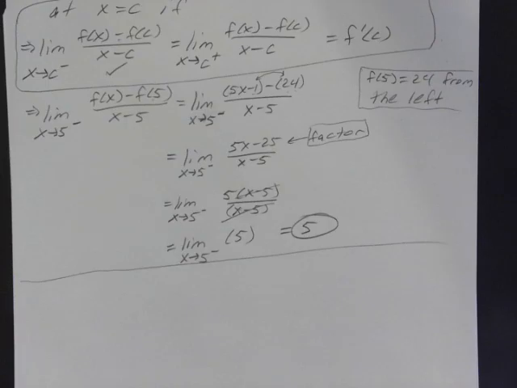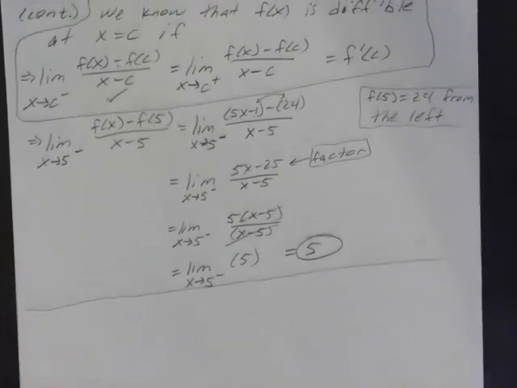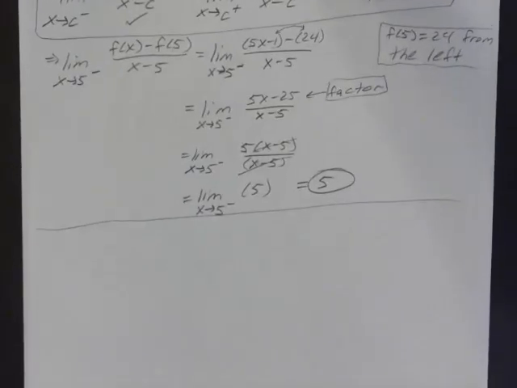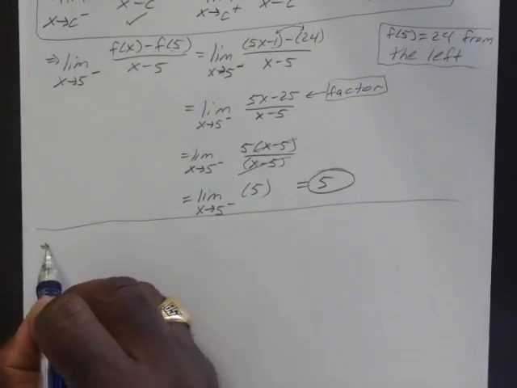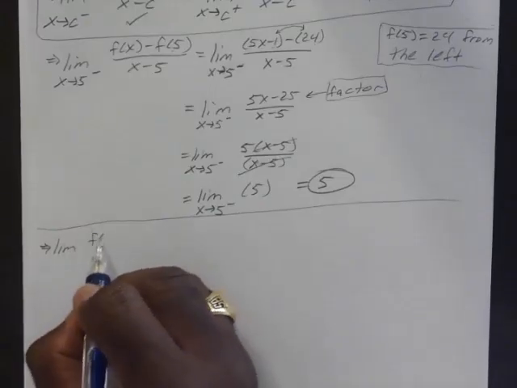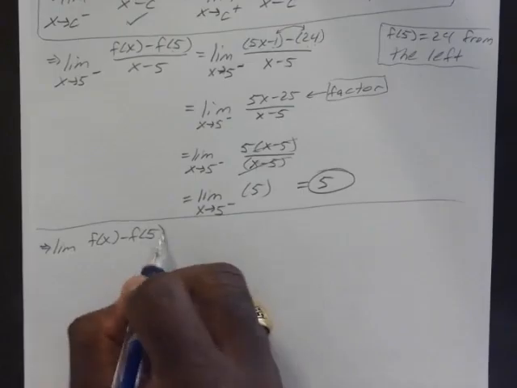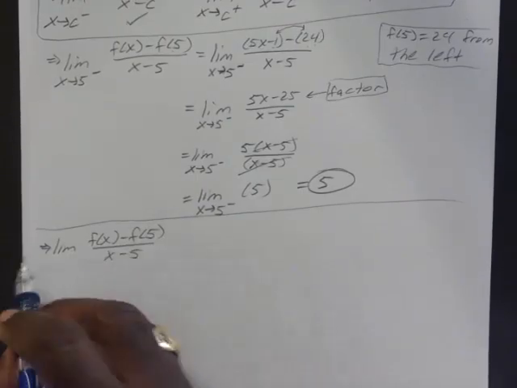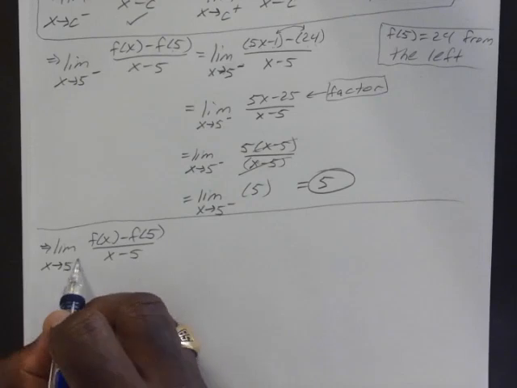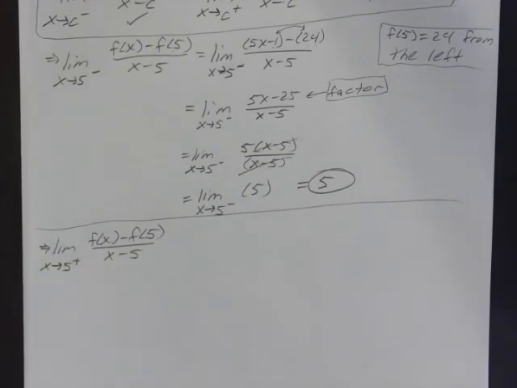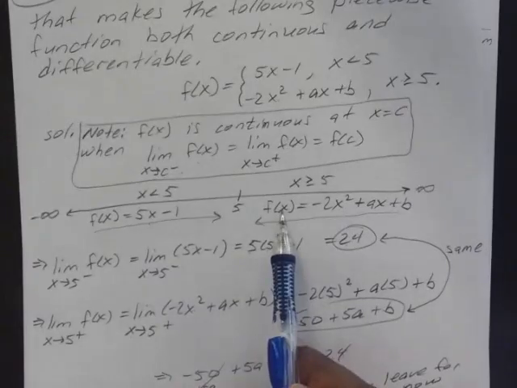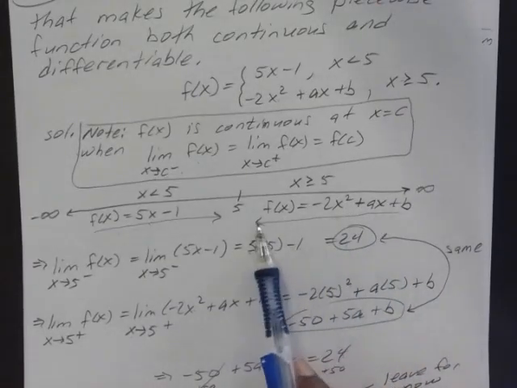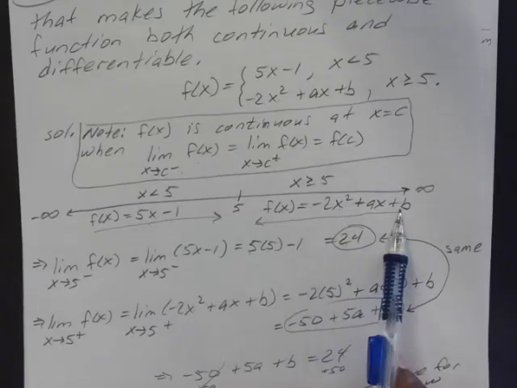Now we have to find the limit as you approach 5 from the right, and that's where we have our unknowns. So the limit of f of x minus f of 5 all over x minus 5 as x approaches 5 from the right. As x approaches 5 from the right, our f of x is negative 2x squared plus ax plus b.